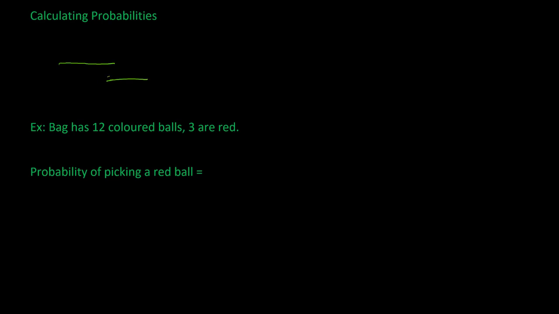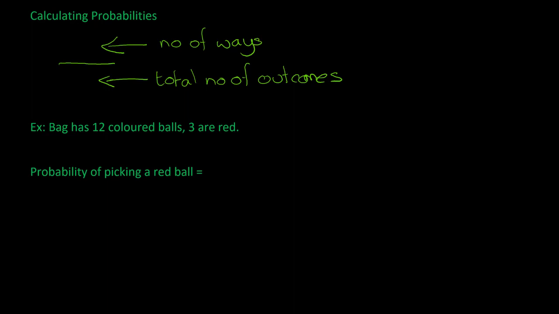So the bottom of your probability fraction will have the total number of outcomes, is the way that they normally express that. And then on the top, you're going to put the number of ways that the specific event you're interested in could happen.